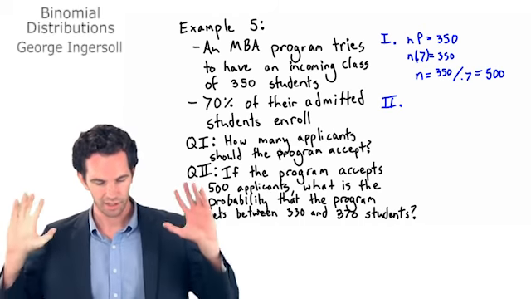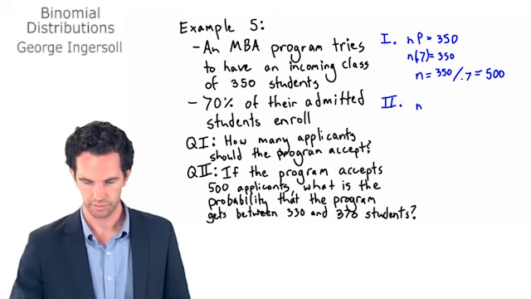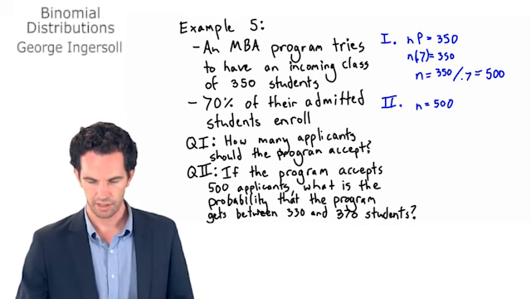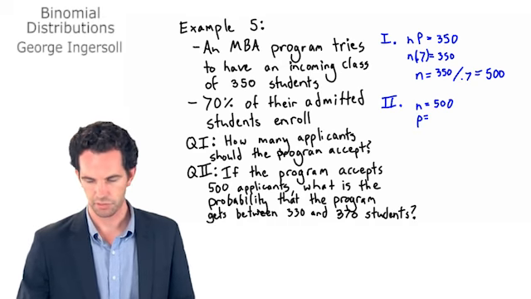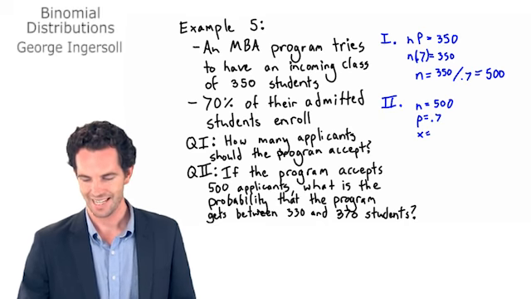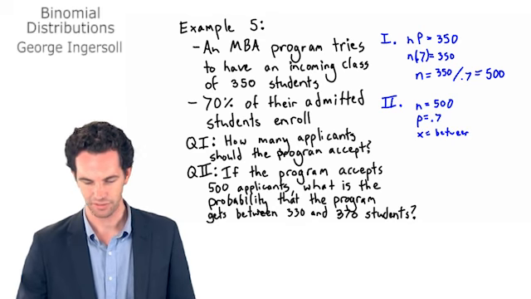So we're saying our n is going to be 500. The p, we'll start with p here, is going to be equal to 0.7. And the x is between, inclusive.